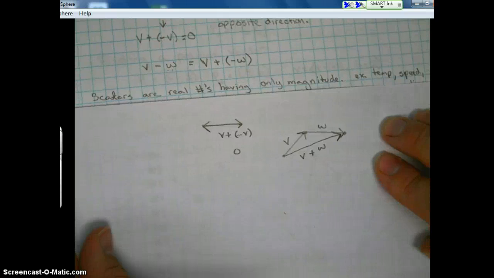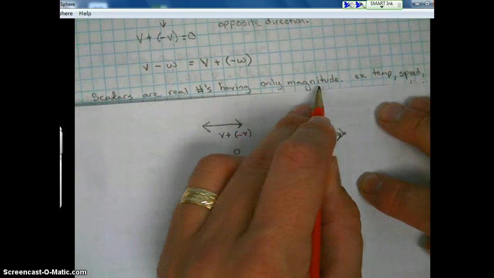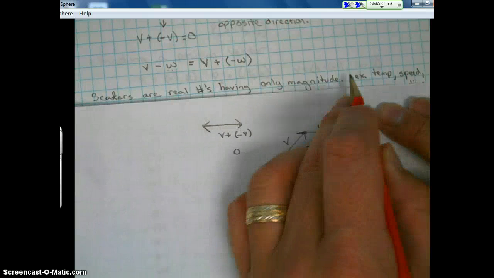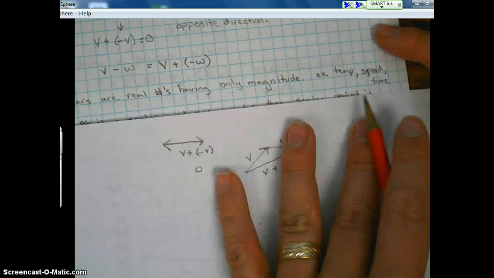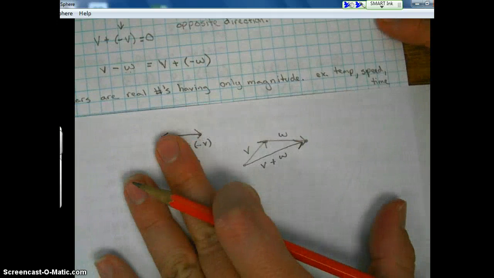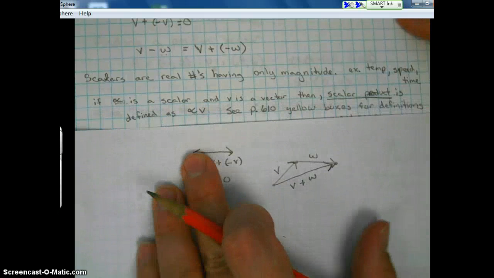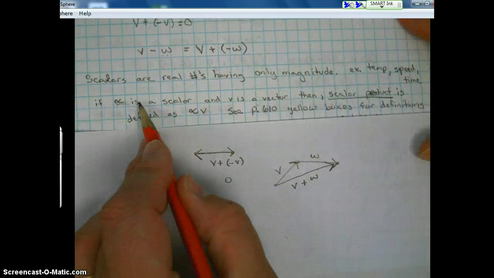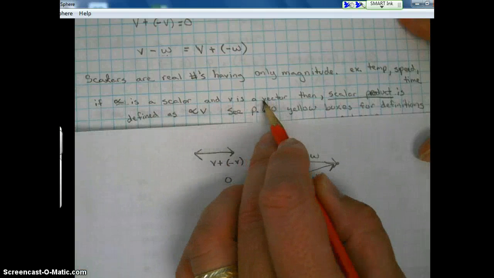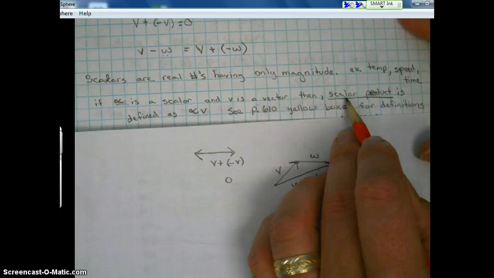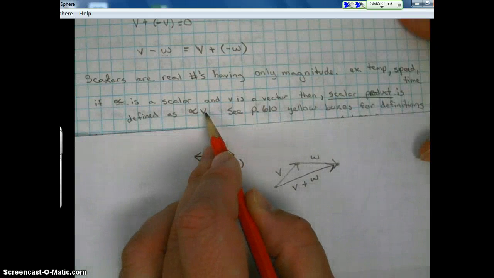Next thing we're going to talk about are scalars. Scalars are real numbers having only magnitude, for example, temperature, speed, time. So if alpha is a scalar and v is a vector, then the scalar product is defined as alpha times the vector.